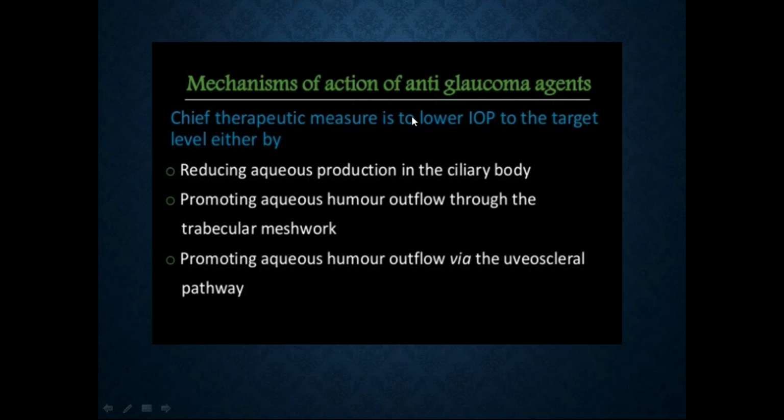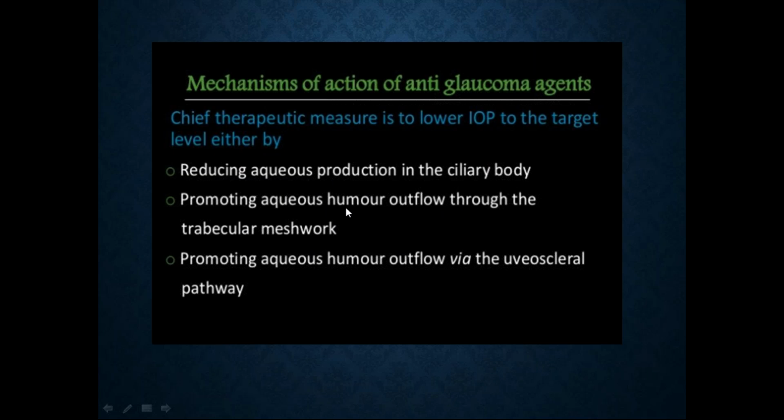So how do these anti-glaucoma drugs act? There are various ways. One is reducing aqueous production from the ciliary body. The ciliary body produces aqueous, right? Another is promoting aqueous humor outflow through the trabecular meshwork, which is one of the drainage pathways of aqueous humor.